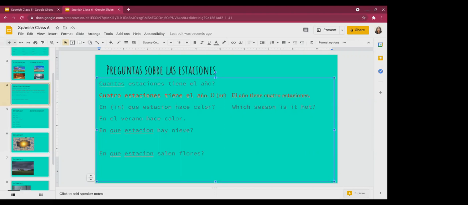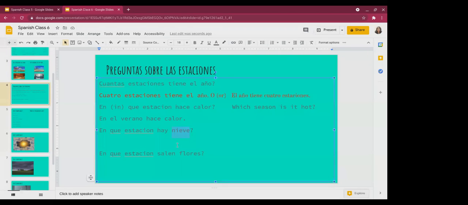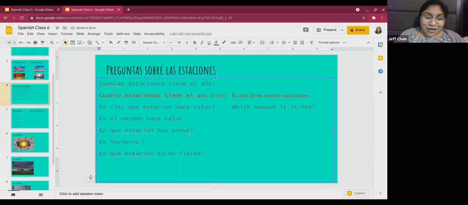Okay, so here it's ¿en qué estación hay nieve? Invierno. What does that mean? Which season has snow? Nieve means snow, right? Which season has snow?